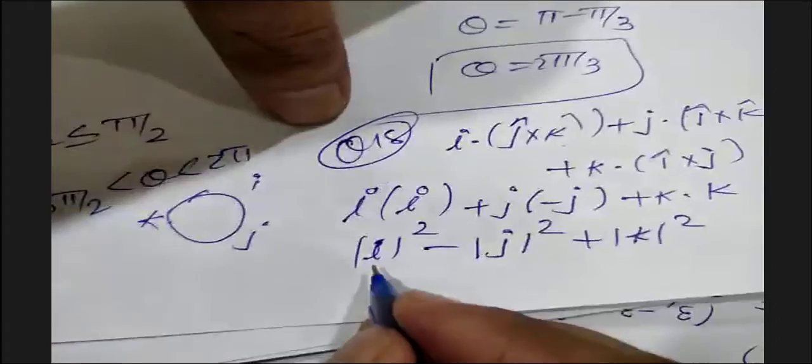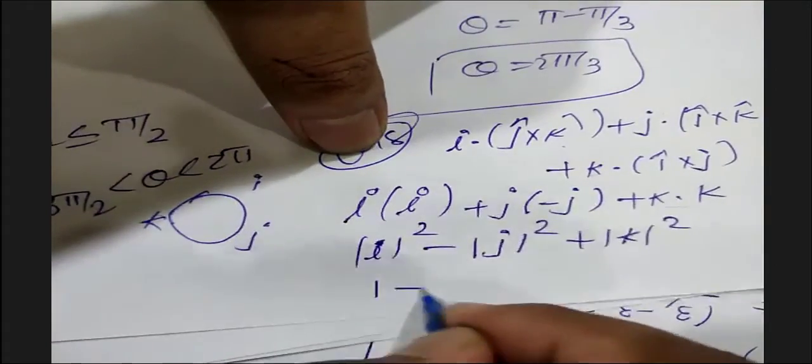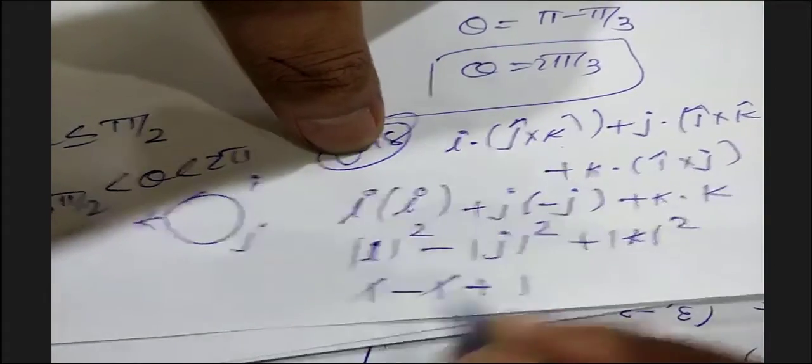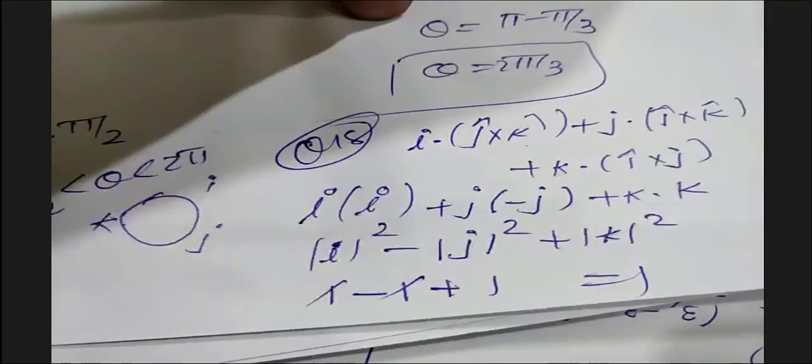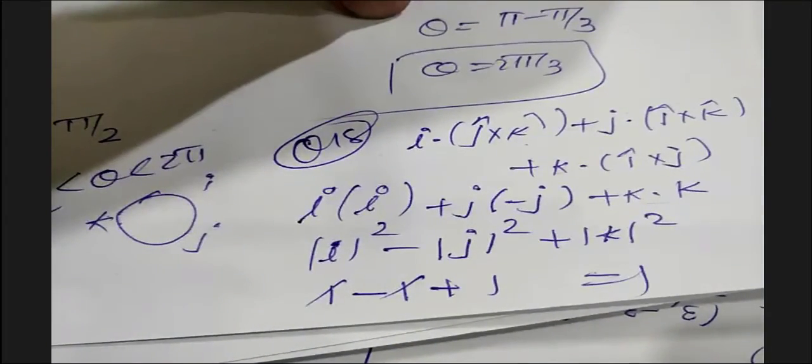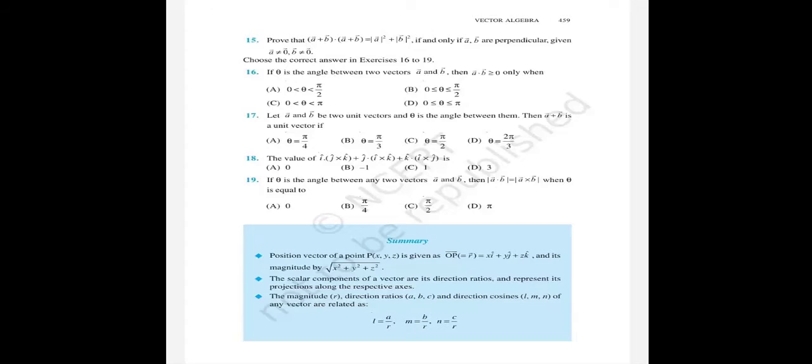As we know, i is a unit vector, so 1 minus 1 plus 1, so the result is 1. Yes, 1 is given, option C.